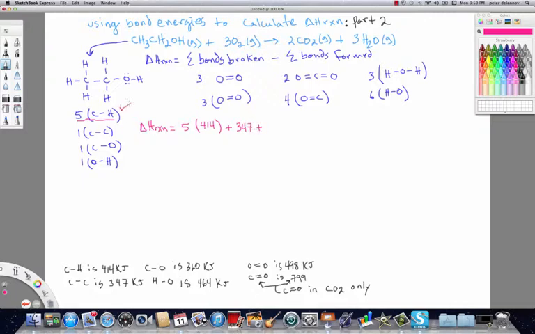I'm going to check these off as I go. I'm going to have 1 C oxygen bond. That's going to be this guy, so 360 kilojoules. And I'm going to have 1 OH bond. And the HOs are here, so it'll be plus 464.